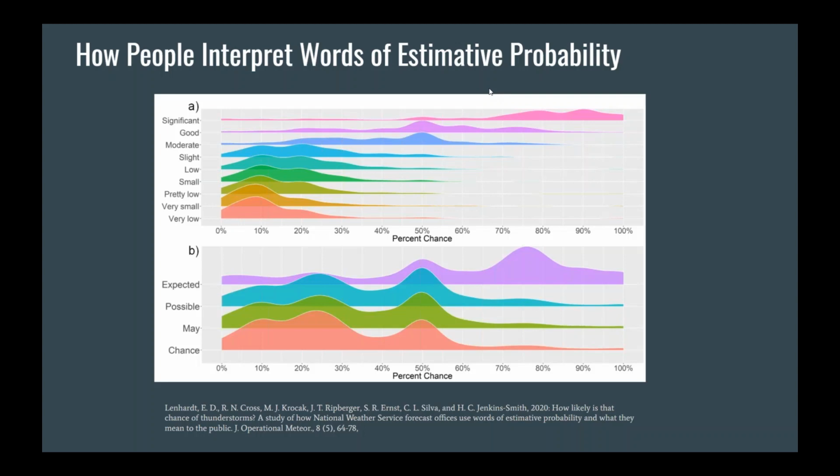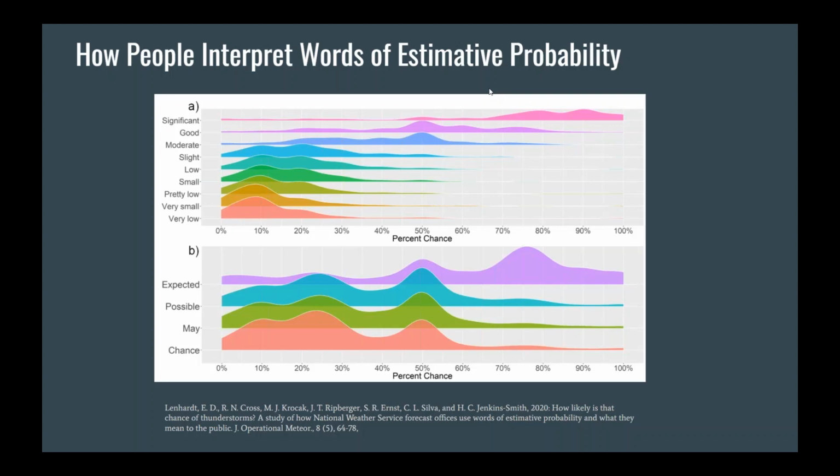That's why, with the probability of exceedance, you can say there's a 40 to 50% chance of exceeding 1 inch across southern Indiana from this period to this period, and it doesn't leave the word open to interpretation.